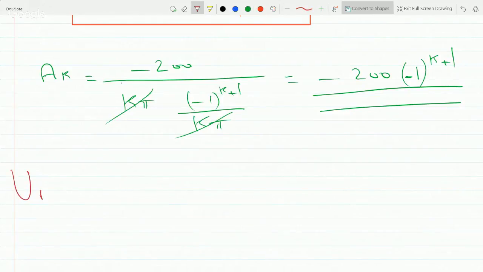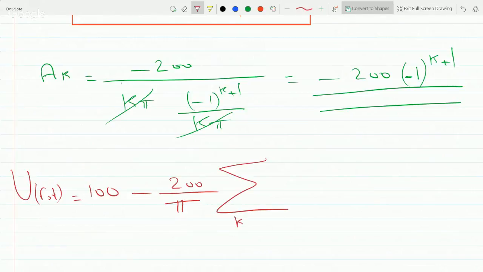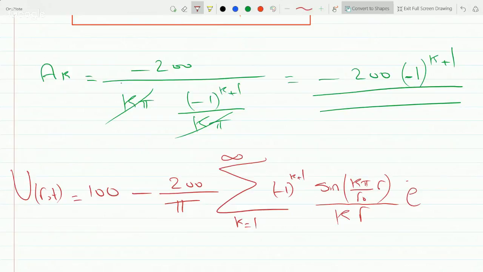So u of r, t, the temperature distribution, will be 100 plus, but there's a minus sign, so minus 200 over pi, summation from k equals 1 to infinity of minus 1 to the k plus 1, this is the coefficient, times sine of k pi r over r0, over k r, times e to the minus k pi over r0 all squared times t.